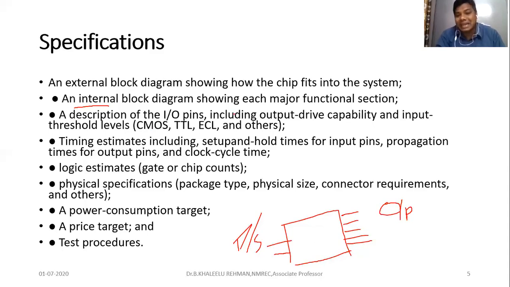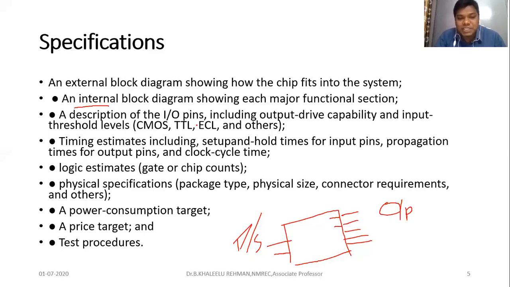Then the internal block diagram means inside this ALU, this part is for addition, this part is for multiplication. This is the internal block diagram. The description of input and output pins, how many inputs there are, how many output pins there are, which technology we are using, either CMOS, TTL or ECL, all these come under the specifications.